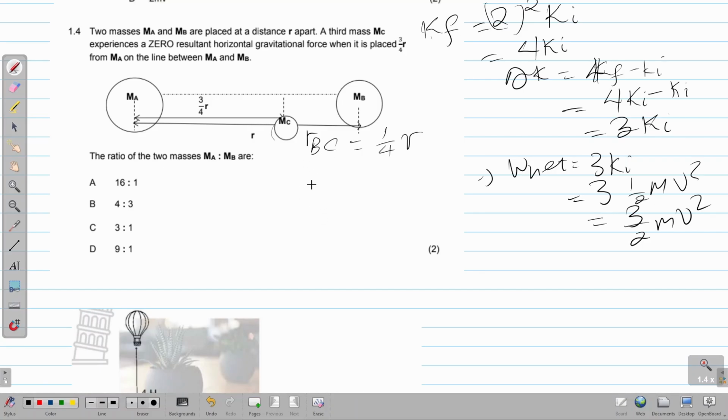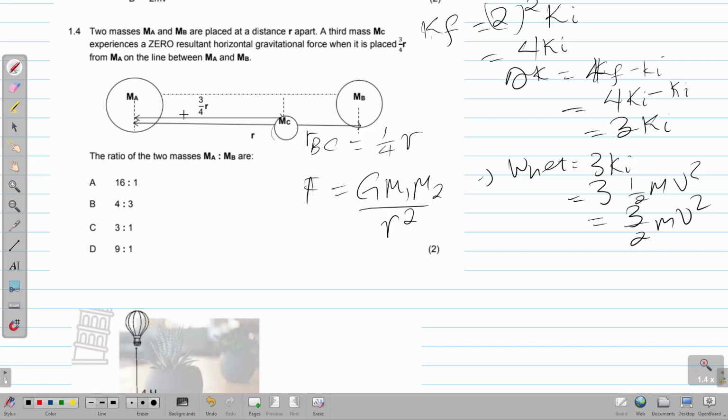And from Newton's law of gravitation, G m1 m2 over r squared, the force is inversely proportional to the square of the distance.